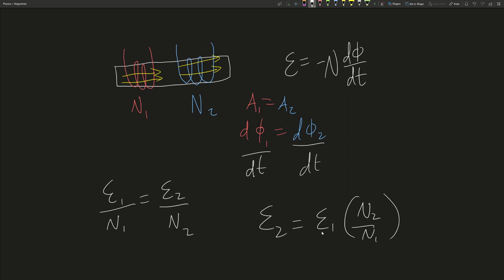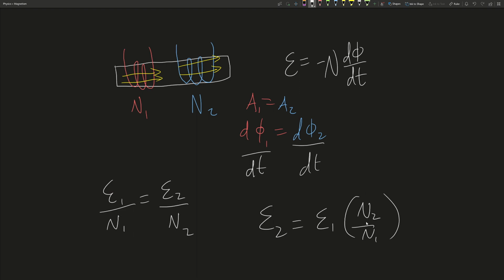So from this we see that the ratio between the input and output voltage is going to be equal to the ratio between the input number of turns and output number of turns. So if you have a higher ratio of output turns to input turns, then this output EMF is going to be higher.